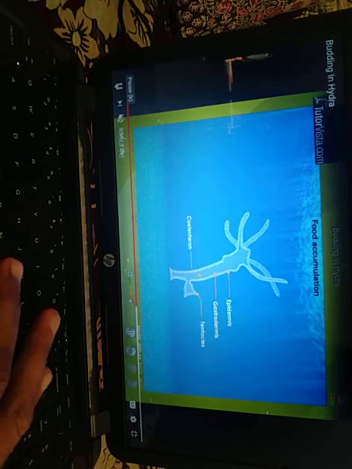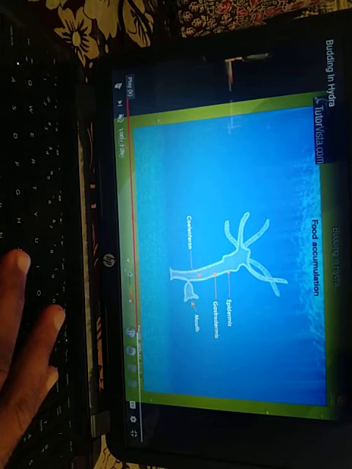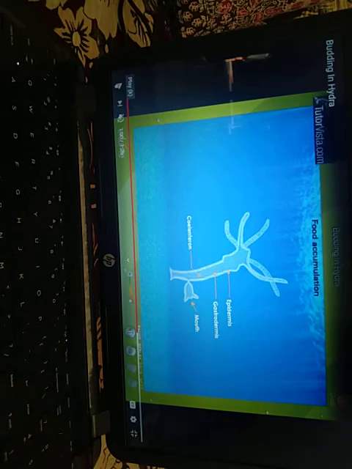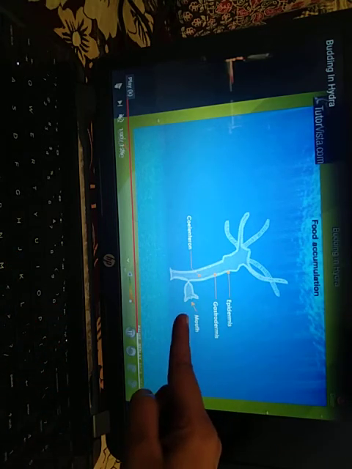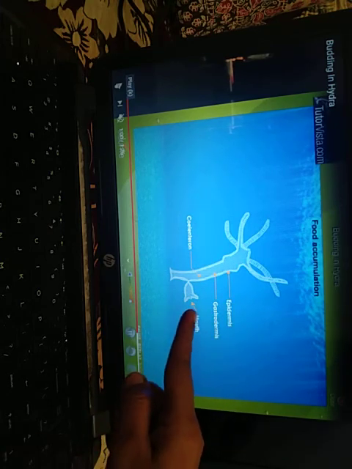As you can see, it is growing in size, and as soon as it matures, there is detachment. So tentacle development takes place, and in between the tentacles the oral cavity or mouth is present.